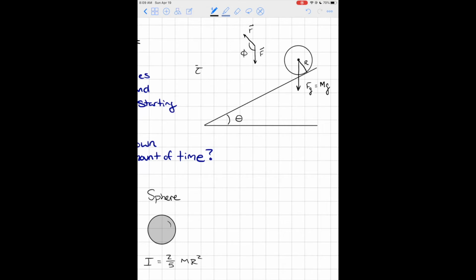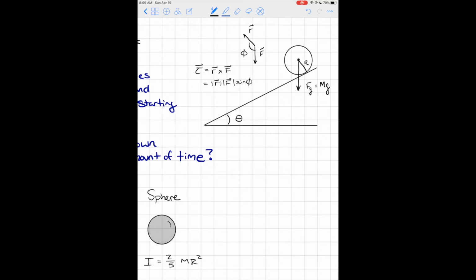So my torque, R cross F, we can just say is R F sine of this angle, which is going to be phi.